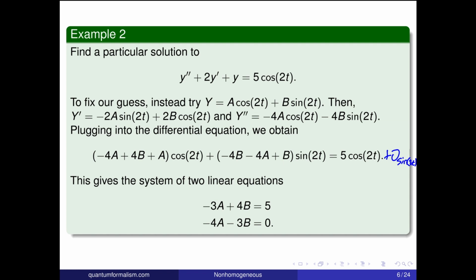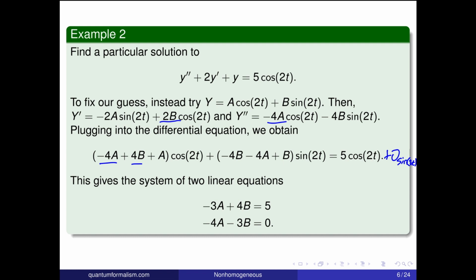All right, so the first derivative is minus 2A sine of 2t plus 2B cosine of 2t. For the second derivative, we'll get minus 4A cosine of 2t minus 4B sine of 2t. And now plug that all into the differential equation and collect the sine and cosine terms. So we have a minus 4A coming from the second derivative times cosine of 2t. Then we'll get a positive 4B coming from 2 times the first derivative.